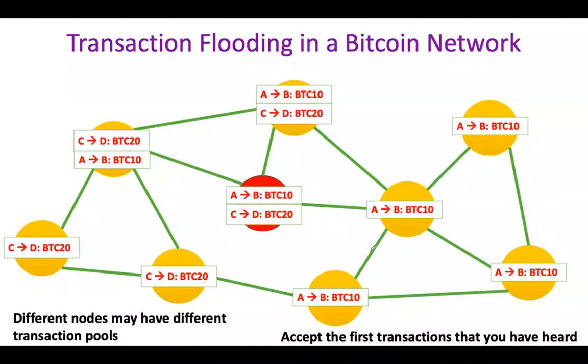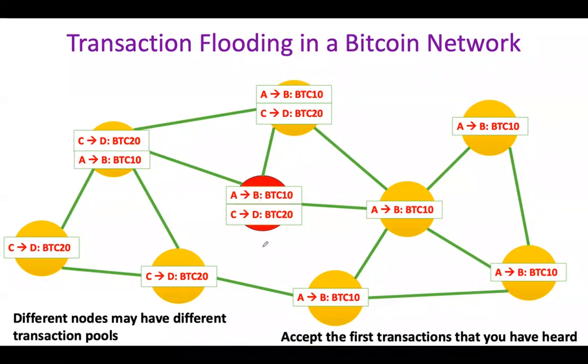So this is transaction flooding in Bitcoin. As said, the transaction Alice to Bob with 10 coins, and some C to D transaction of 20. After Alice, another user C is doing some transaction with Bitcoin, that will also be flooded in the network.